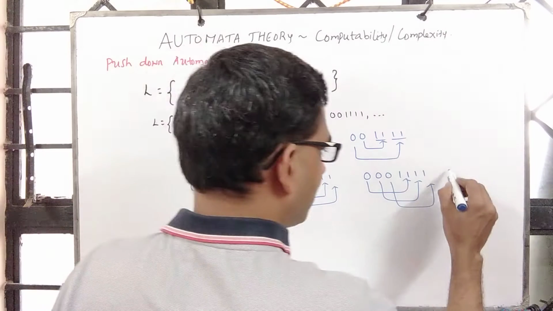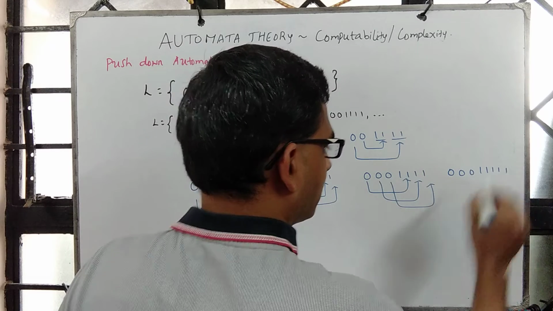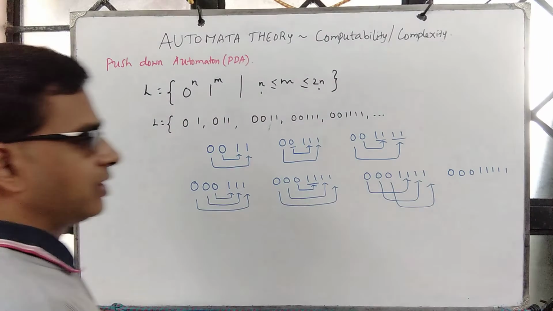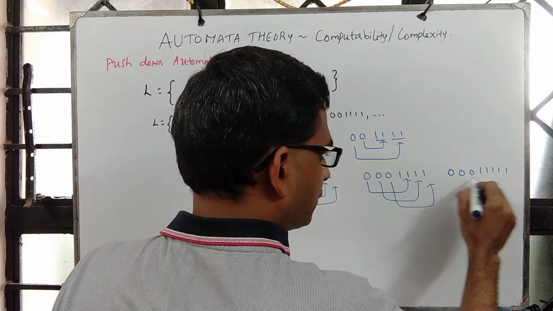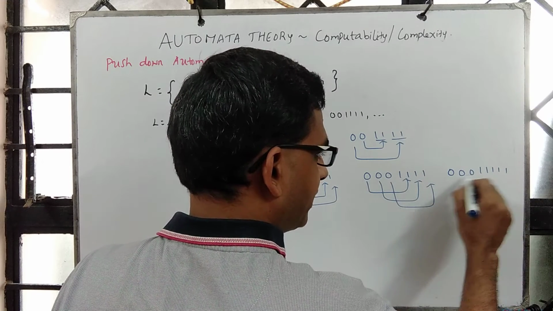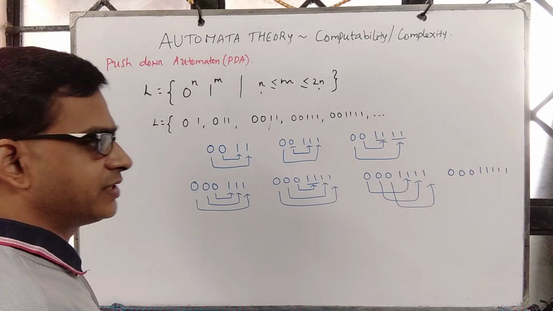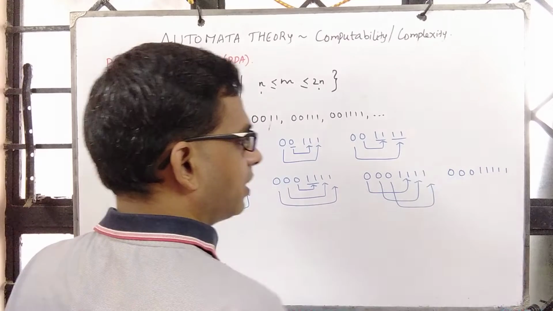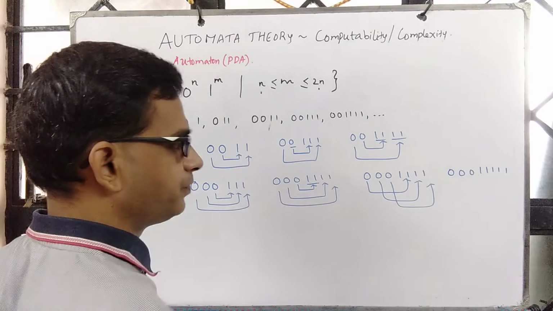Let's look at this input. There are 5 ones, up to 6 is allowed. Now if you simply associate 1 1 for each 0, then we will be left with a couple of ones. We can't check whether it is in the form 0 power n, 1 power m, where m is between these two.